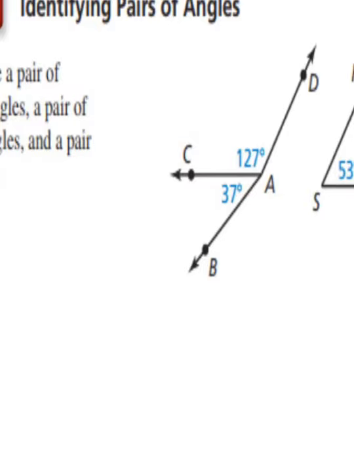Angle CAB. Remember, the vertex is in the middle. What is another angle that's complementary to that CAB? Yes, TSR. Remember, you always have the vertex in the middle. TSR or RST.